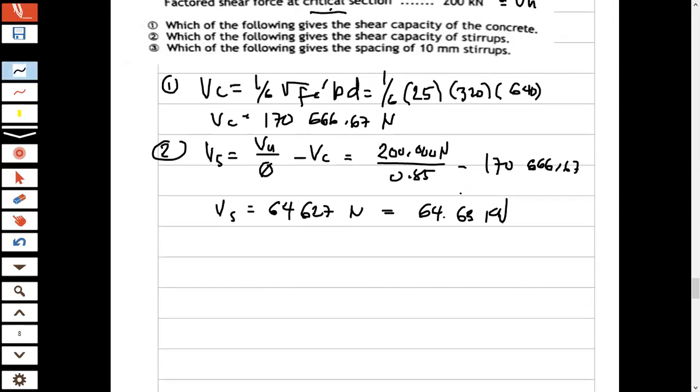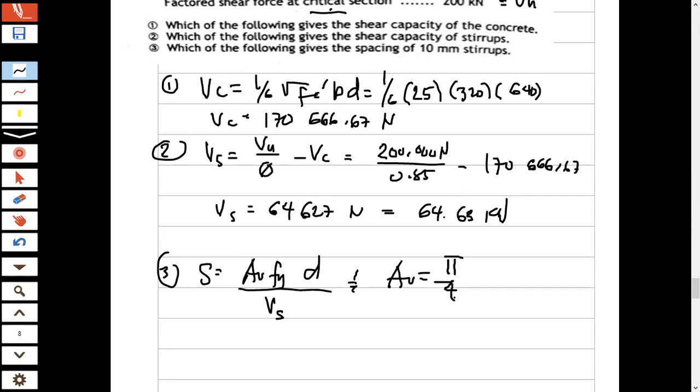Okay. Now, the spacing of the stirrups. Number 3. S. Ano yung formula natin? AV FY times D over VS. AV, yung dalawang section lang ng stirrups na 10 mm squared, multiply natin sa 2, you will have 157.